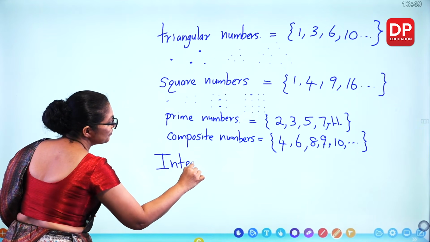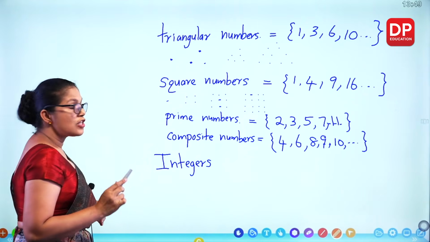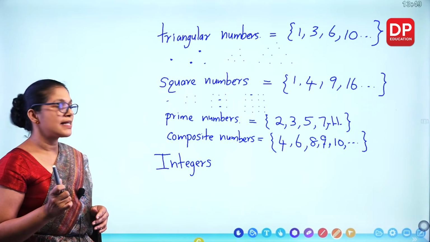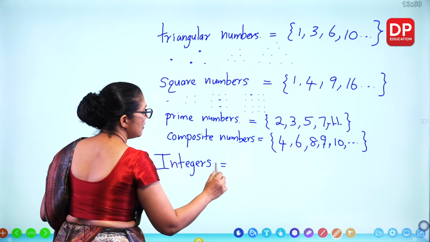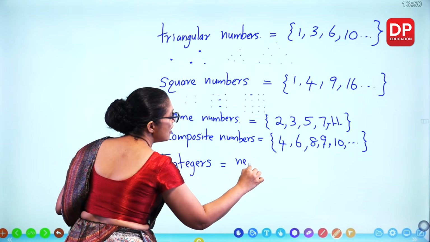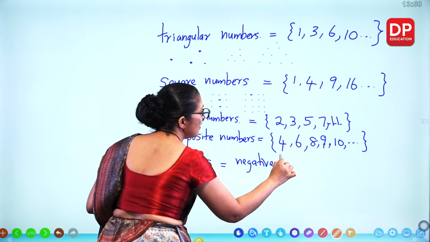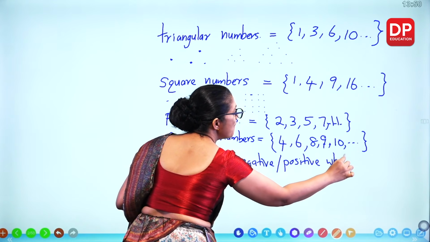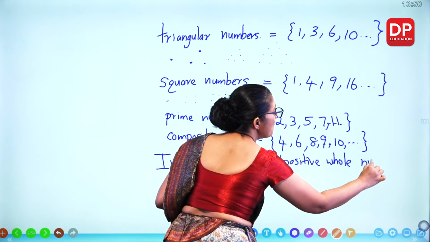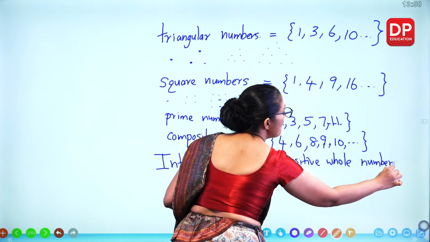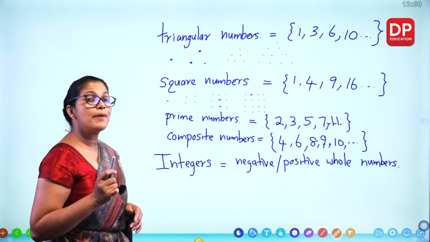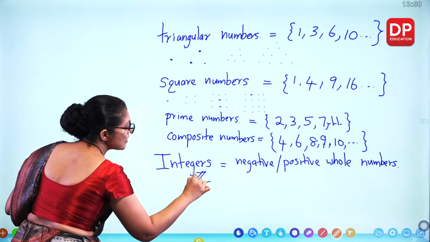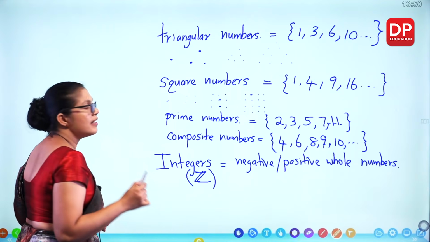Integers are whole numbers that can be negative or positive. What's the symbol we can use? We use the letter Z, with another line, for integers.